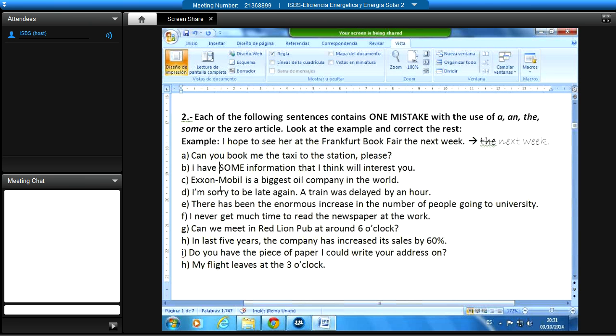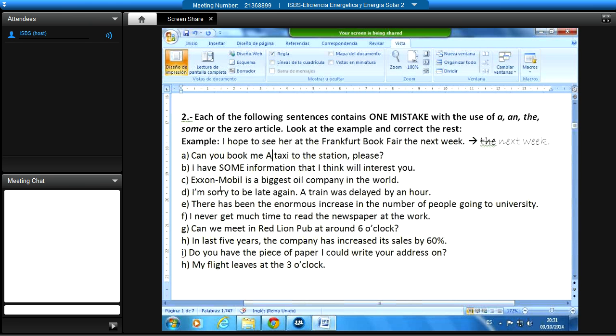So A: Can you book me taxi to the station, please? Can you book me the taxi is not possible because it's not the taxi, it's any taxi. So, can you book me a taxi? I'm writing in capitals, but ignore that, it's just so that you can see.